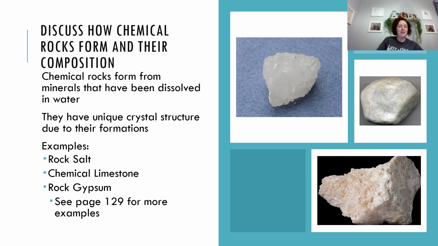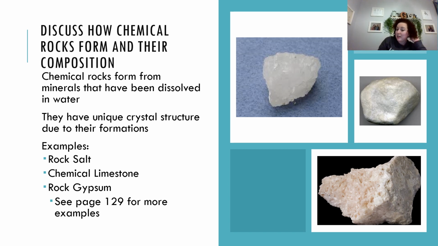So you can make cool things like little pieces of rock salt, chemical limestone, and rock gypsum. We've already talked about halite. We've talked about gypsum. You had to identify them in your mineral boxes.